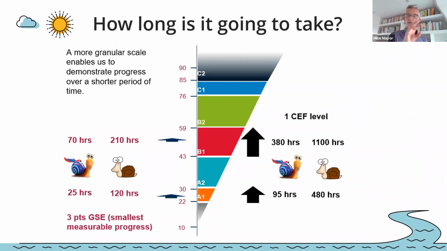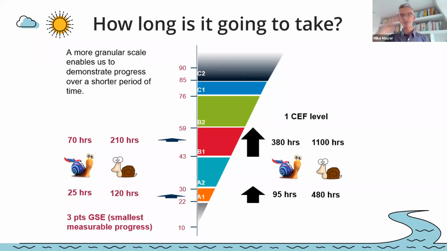Again, if you use the Global Scale of English, which is this numerical scale, it will enable you to demonstrate progress within a Common European Framework level. So if we take that B1 student, after 70 hours, you have a greater chance of showing that they've made 3 points progress on the Global Scale of English.